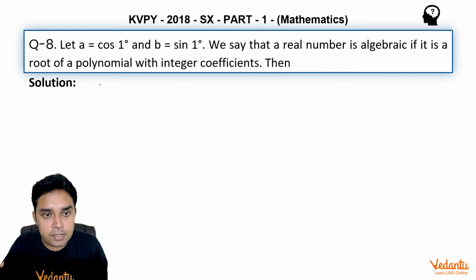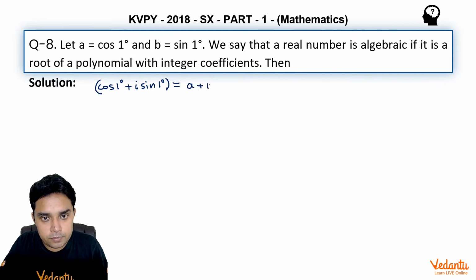I am writing cos 1 degree plus iota sin 1 degree to be equal to A plus iota B. Okay, and then if I raise both sides by 90, we get on the left hand side cos 90 degree plus iota sin 90 degree.